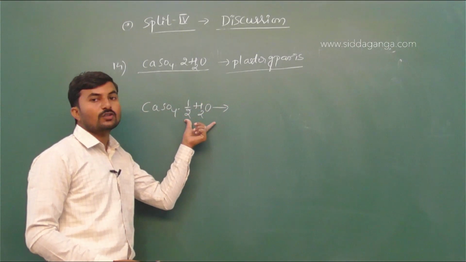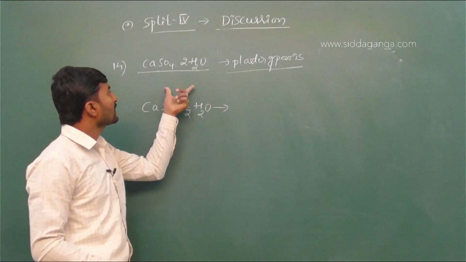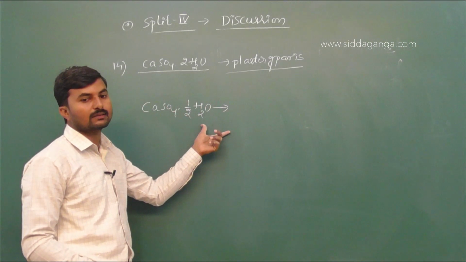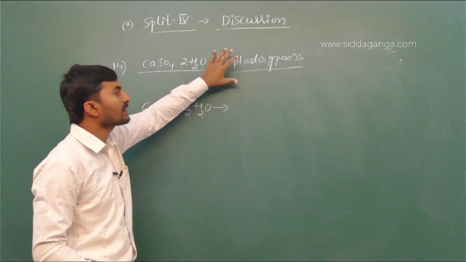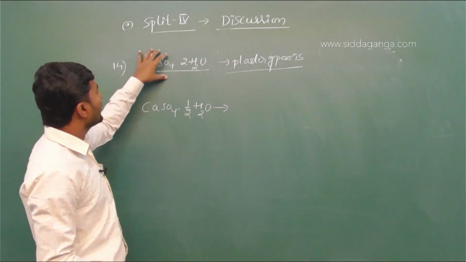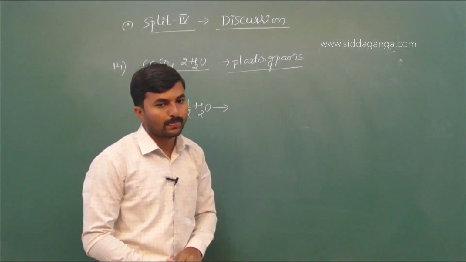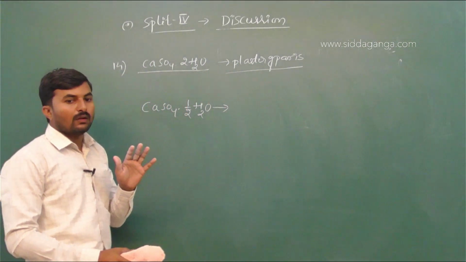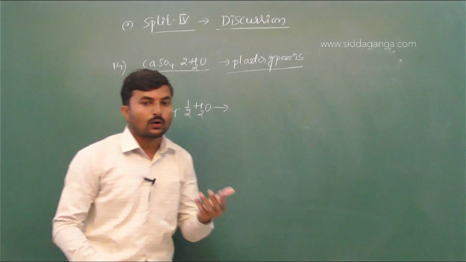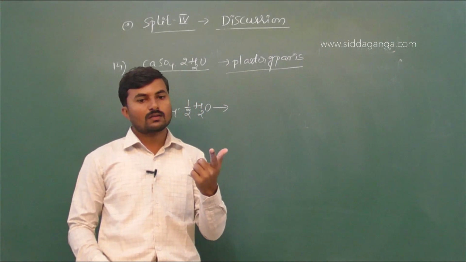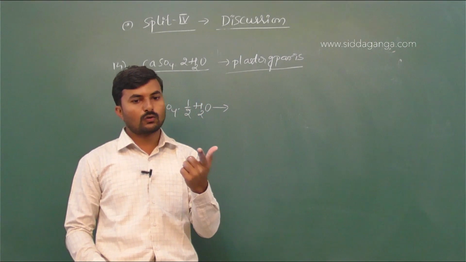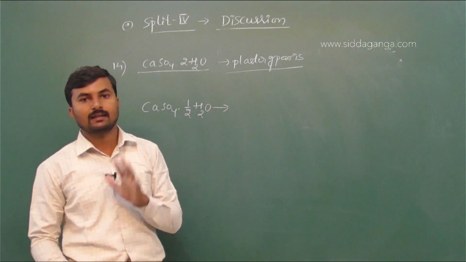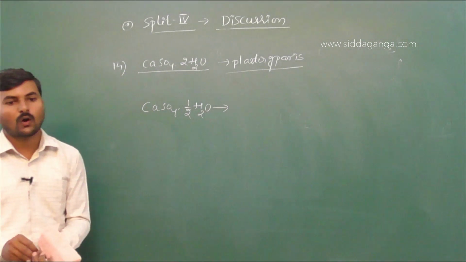That is the formula of plaster of Paris, not CaSO4 2H2O. So the question is which of the following is wrong? The statement CaSO4 2H2O, plaster of Paris, is wrong, so option 1 is correct.